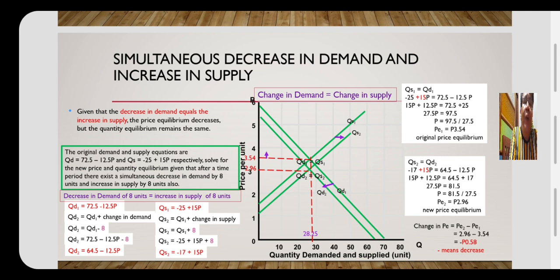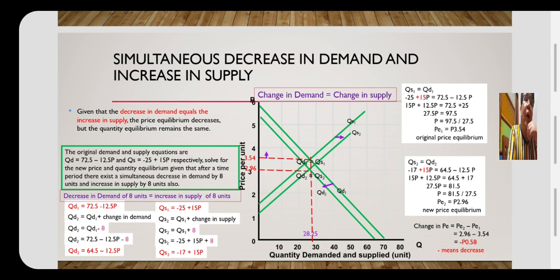Because the change in supply is an increase in supply by 8 units, we introduce positive 8, and adding this to the original supply equation of negative 25 plus 15P, we now have a simplified equation, which we refer to as the new supply equation, equal to negative 17 plus 15P.